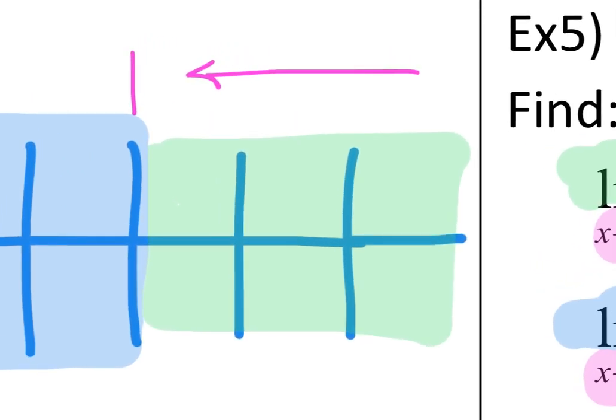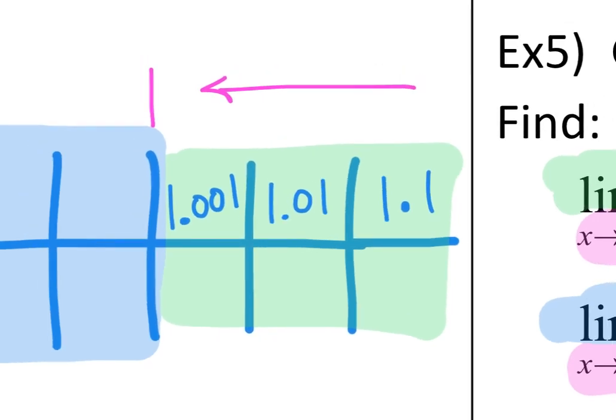My x values, as usual, would start with 1/10 to the right of 1. So positive 1.1, positive 1.01, positive 1.001. Go ahead and plug all that into your calculator, compute those values, pause the video, fill them in, and then come back.